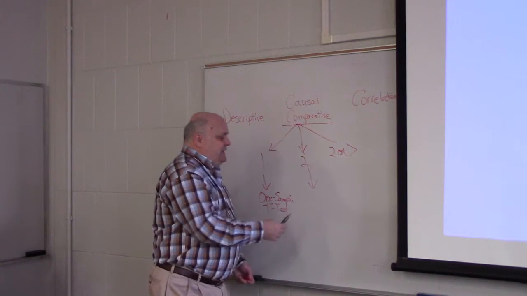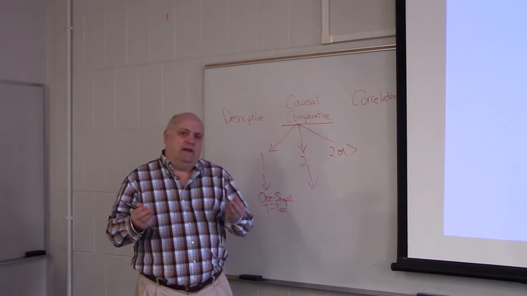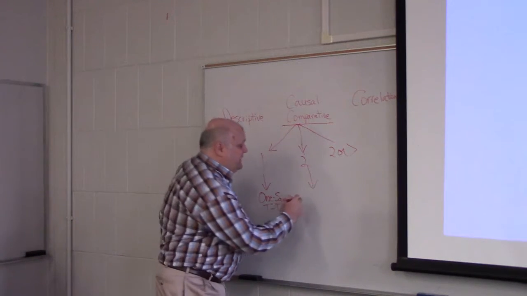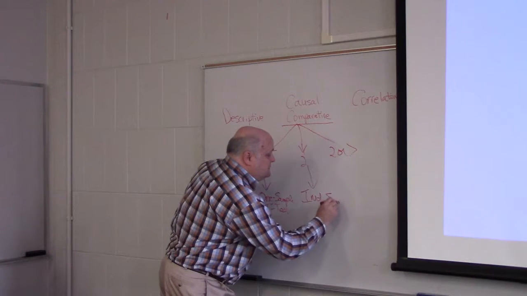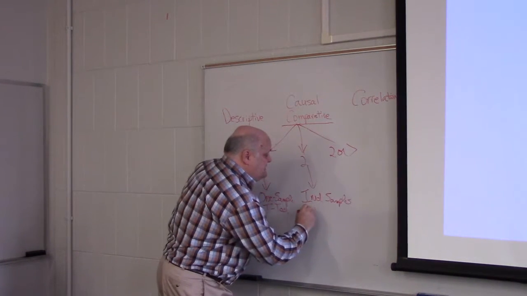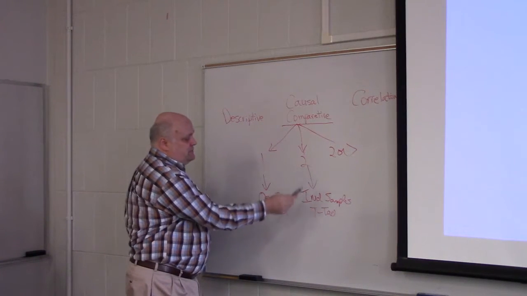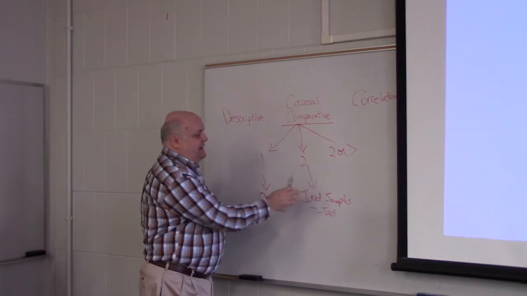So that tells me I have two groups. You can't be in both. They are independent of one another. So I'm running an independent samples t-test. I have two groups, male or female, one variable, height.